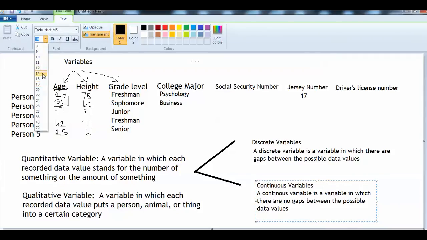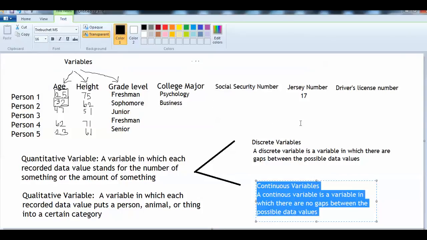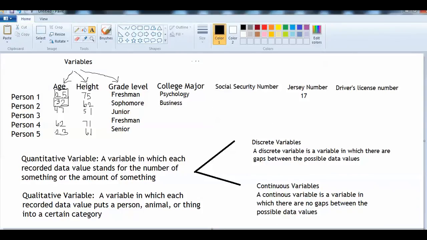Let's look back at our examples of age and height. What would happen if we tried to draw a number line and to mark off the possible ages that a person could have? And we're not talking about age the way we usually think of age, which is just a whole number, but the exact age that a person is right at this moment.